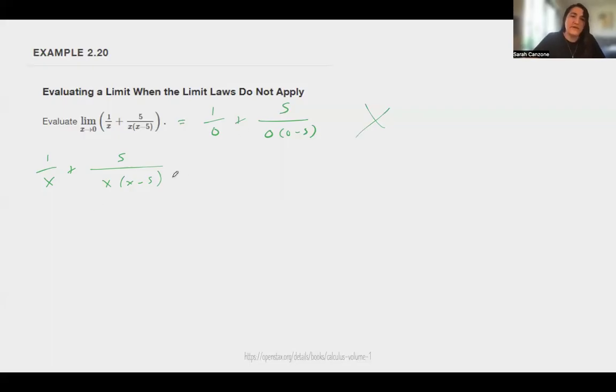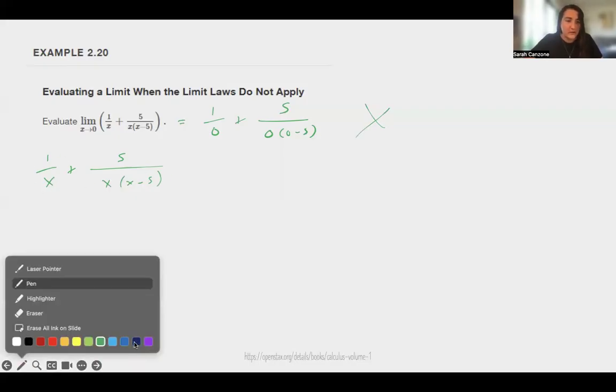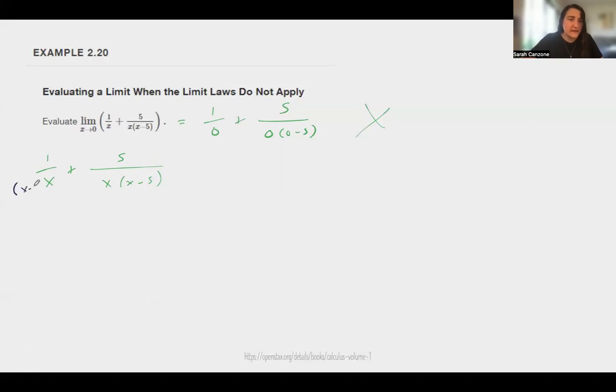So again, from before, we need to use this idea of the least common denominator. Here we have an x, here we have an x times x minus 5. So all we actually have to do is adjust this term here because we have an x in both of them. The only thing this guy is missing is an x minus 5. So I'm going to go ahead and multiply this by x minus 5.